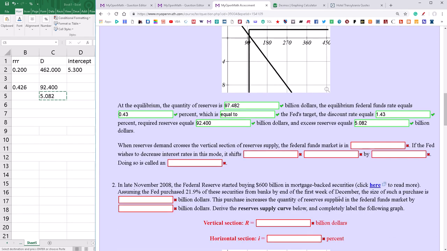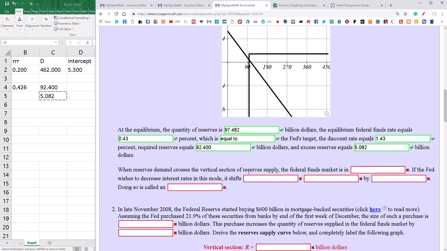Now, when the reserves demand crosses a vertical section of supply, which is the case here, the federal funds market is in what I call normal mode.